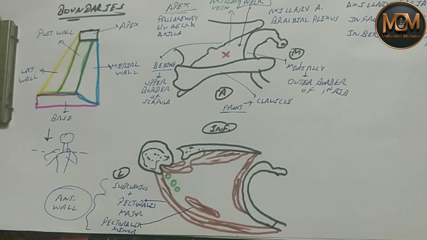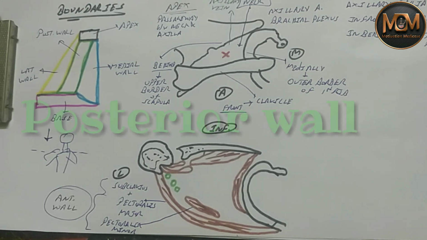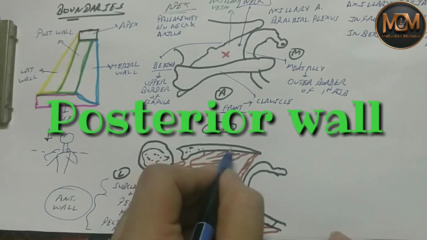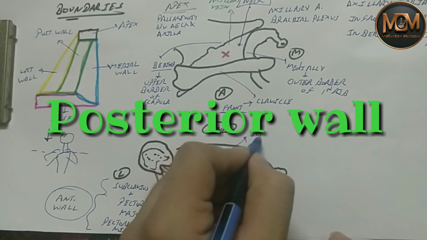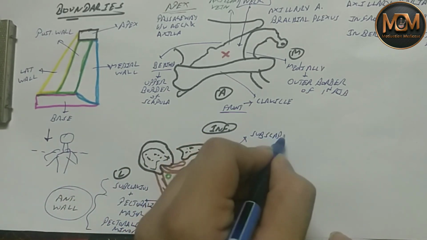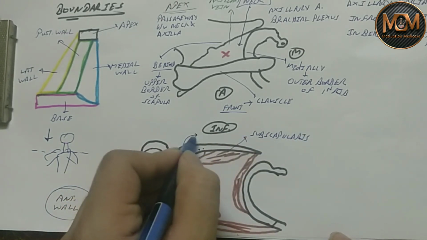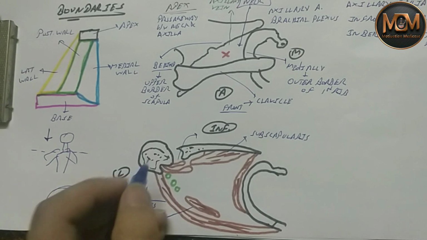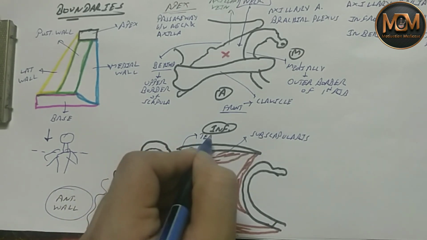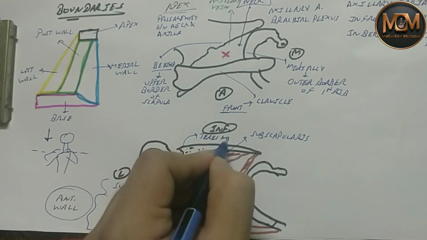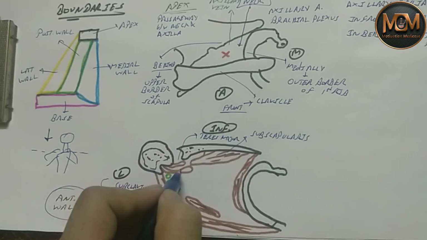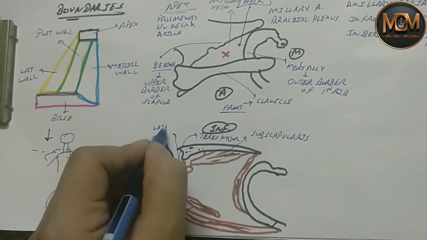Now we'll see the posterior wall. The posterior wall is formed by this muscle, that is subscapularis. This muscle is teres major, and this muscle is latissimus dorsi.